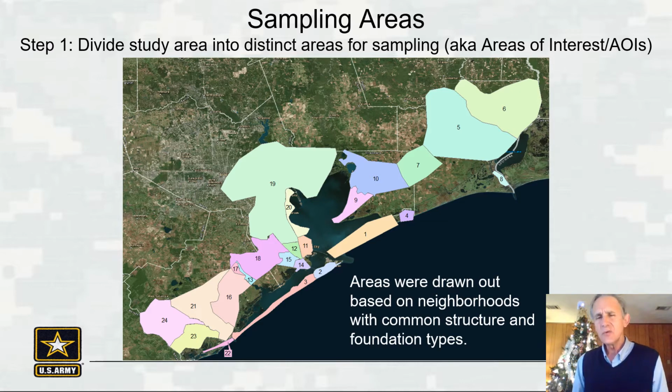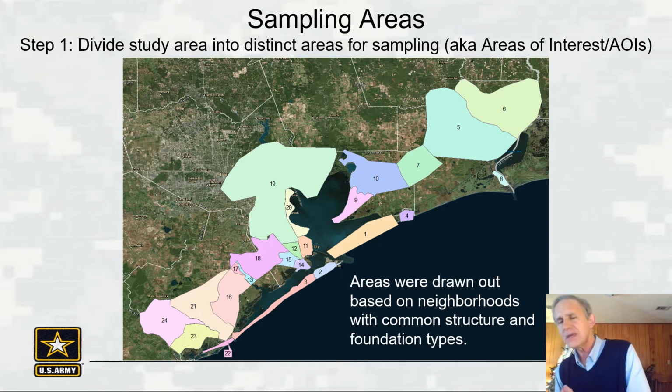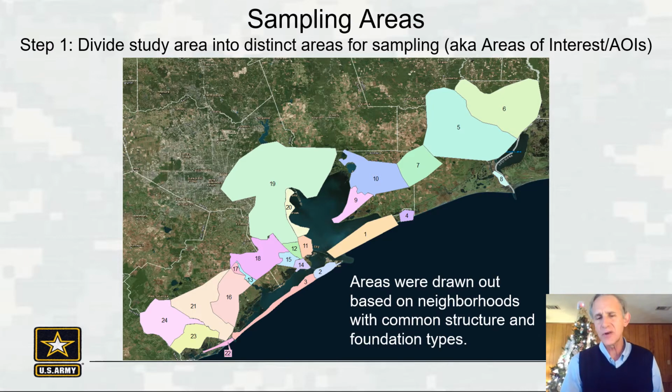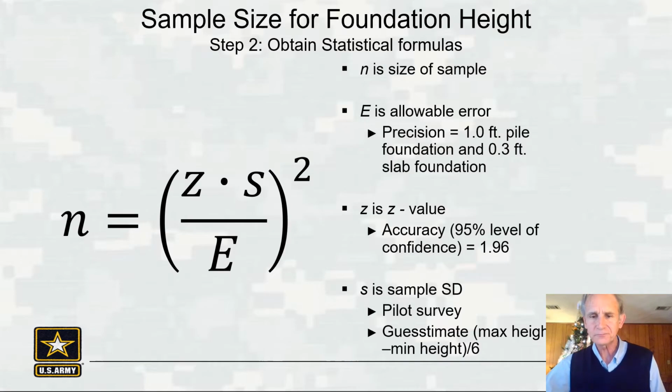We tried to, based on our surveys and just driving around and talking with folks who were very familiar with the area, divide the study area up so that we could try to reduce the variation in foundation heights. So we tried to get areas that were mainly pier or pile foundation, or areas that were mainly slab. And of course, you're going to have a mix up in there, but you did the best you could, and it was divided into like 24 areas of interest. So that's very important to kind of get your samples so that you're trying to reduce the variation.